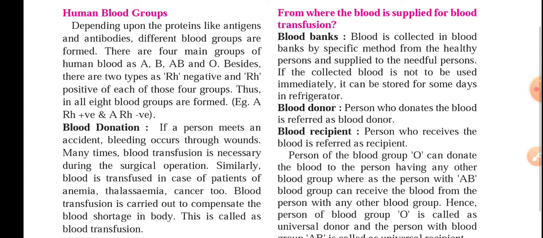Now, whenever a person gets a wound, or in an emergency case like an accident, if the person loses a large amount of blood, then external blood is infused into the body. But is the blood directly infused into the body? The answer is no. Why?